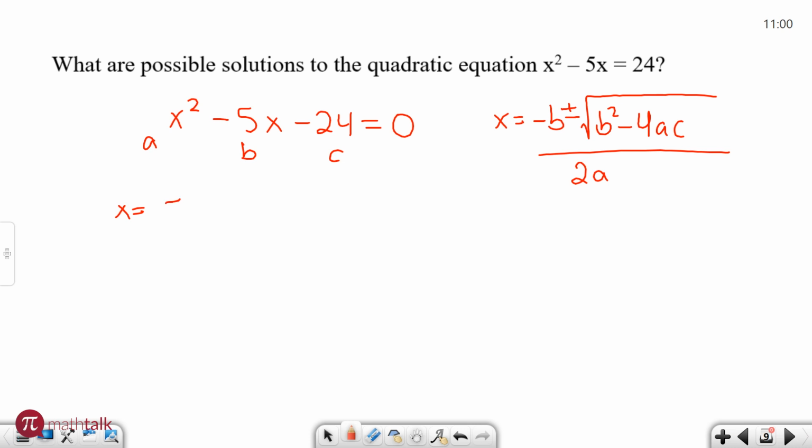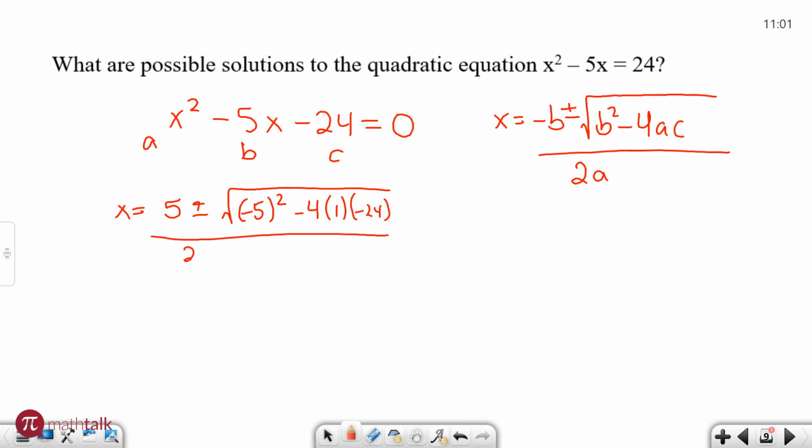So it's going to be, in this case, +5, because -5 is just +5. Plus or minus square root of b squared minus 4 times a, which again is 1, times c, all over 2 times a, which again is just 1.